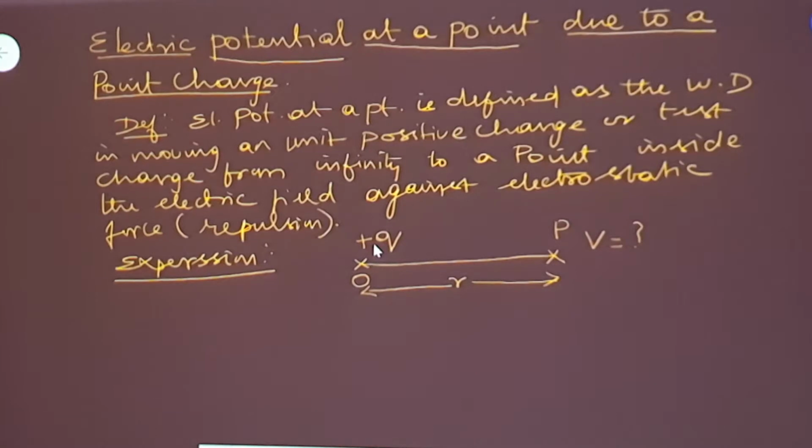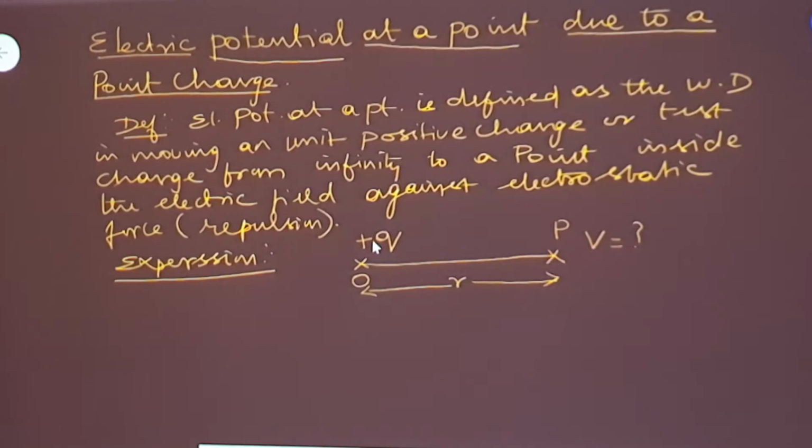Before deriving that expression, let us recall the definition what we have already studied. So electrical potential at a point due to a point charge. That electrical potential at a point is defined as the work done in moving a unit positive charge or test charge from infinity to a point inside the electrical field against the electrostatic force.